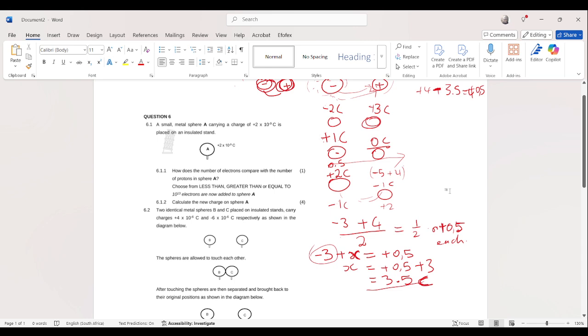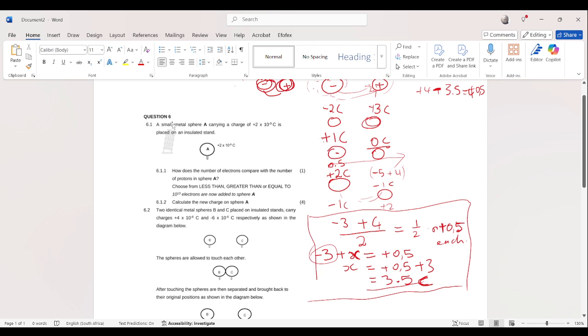So from now onwards, you're going to be using these formulas to see how many electrons you're going to be transferring in your problems. Now let's get right into it.